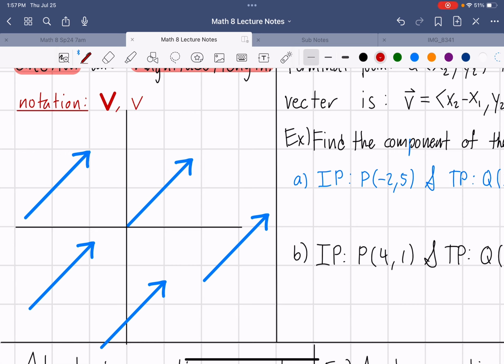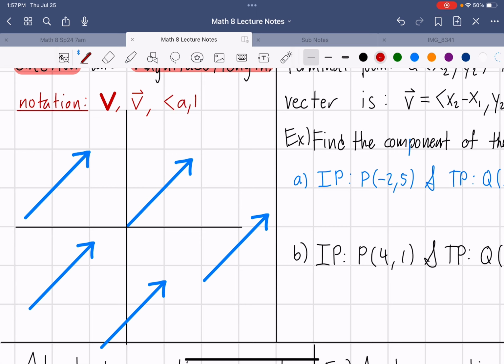U, V, W are usually letters that are used for vectors, the same way X, Y, Z are used for variables, A, B, C are used for constants, and F, G, and H are used for function notation. So there are always these historically particular letters in the alphabet that pertain to certain topics in mathematics.